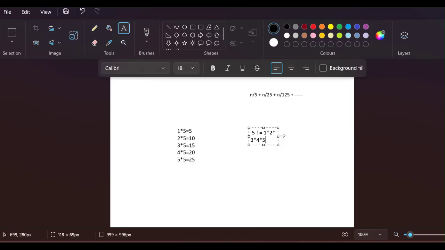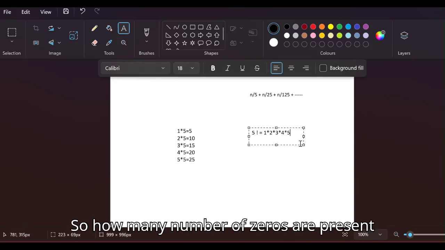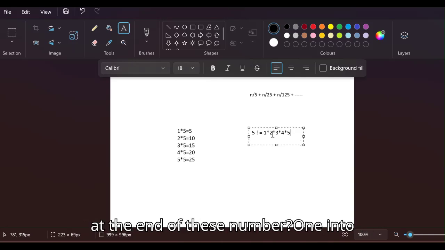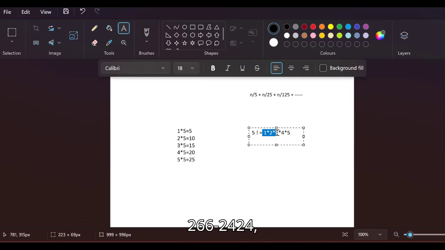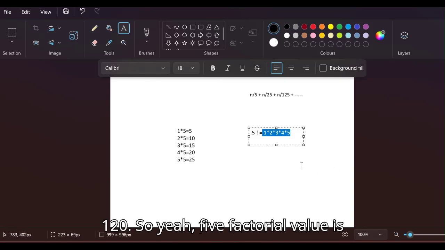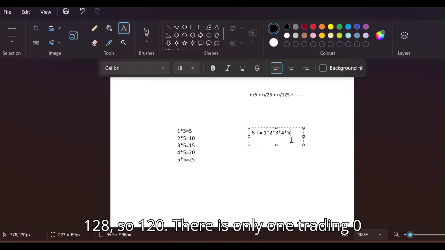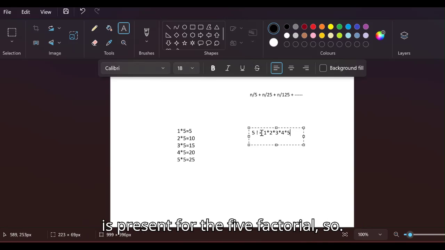How many zeros are present at the end of this number? 5 factorial value is 120, right? So there is only one trailing zero for 5 factorial.